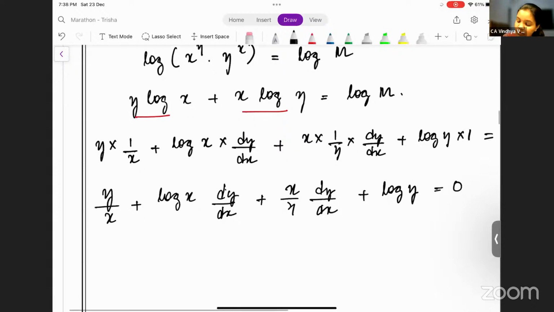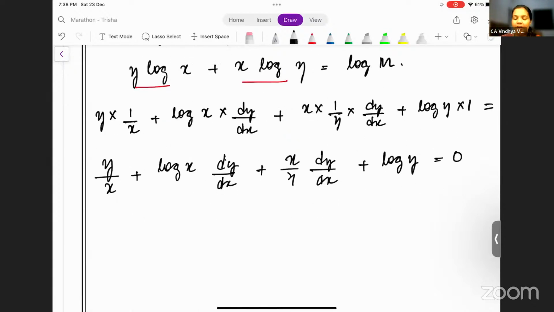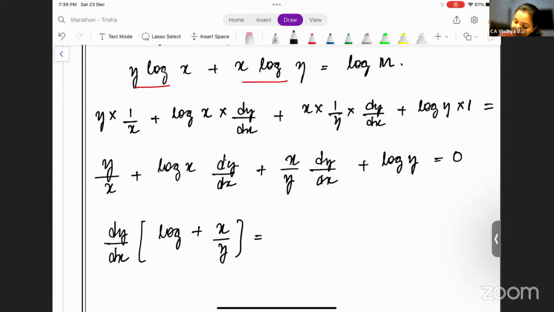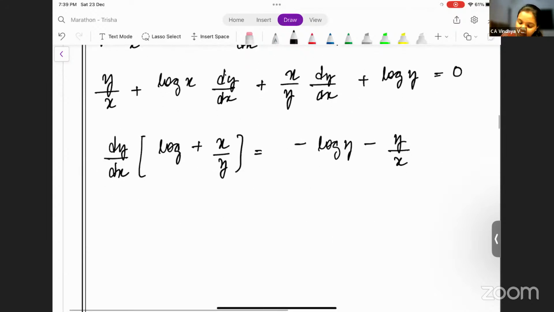Now shift all the terms other than dy by dx to the other side. Here you can take dy by dx common. What remains? Log x plus x by y. And on the other side, it is minus log y minus y by x. Take a common denominator.